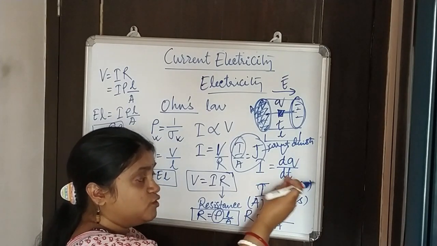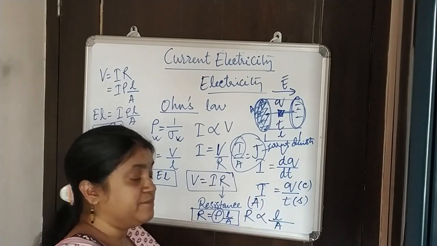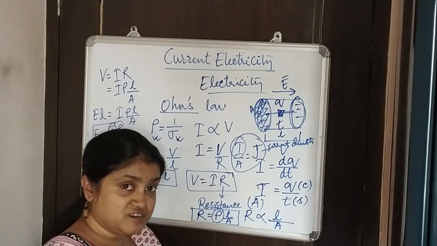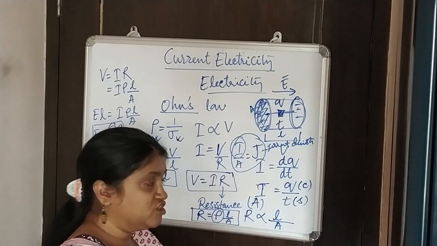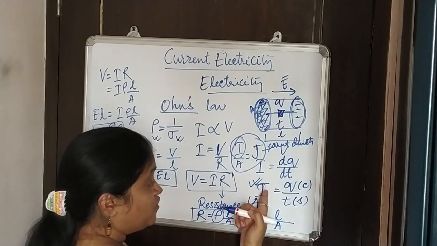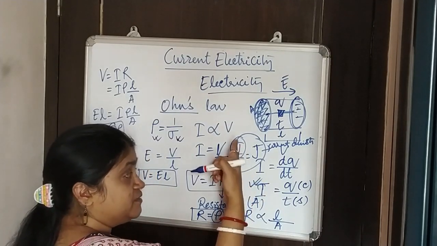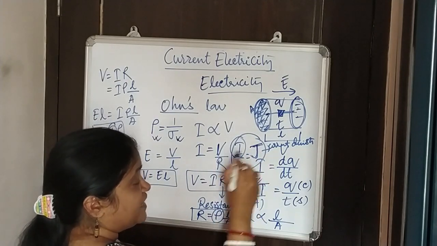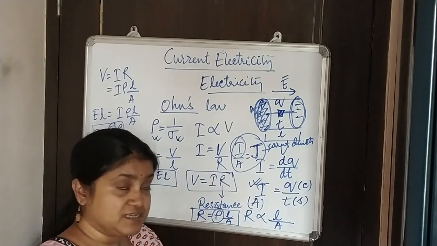It is a result of Q by T, charge per time. Though it has a direction, it still doesn't follow the vector addition law. It follows the scalar addition law, and that is how current I is a scalar quantity. Now if you calculate current per unit area, we call it current density.